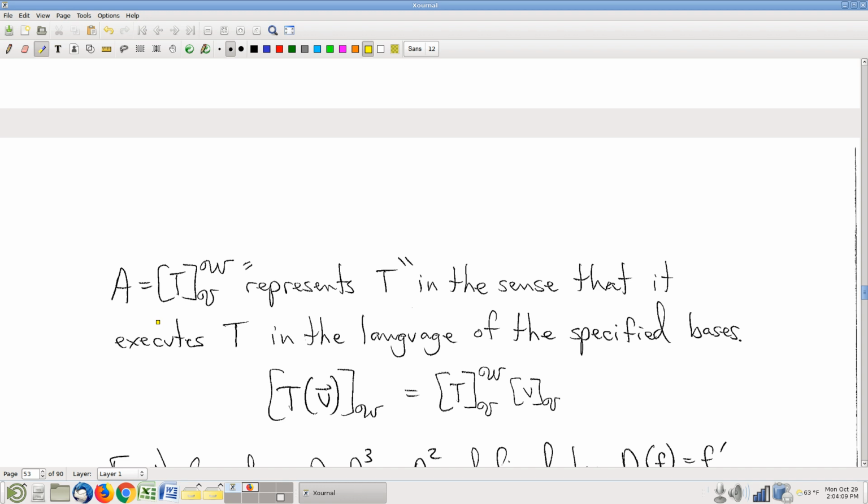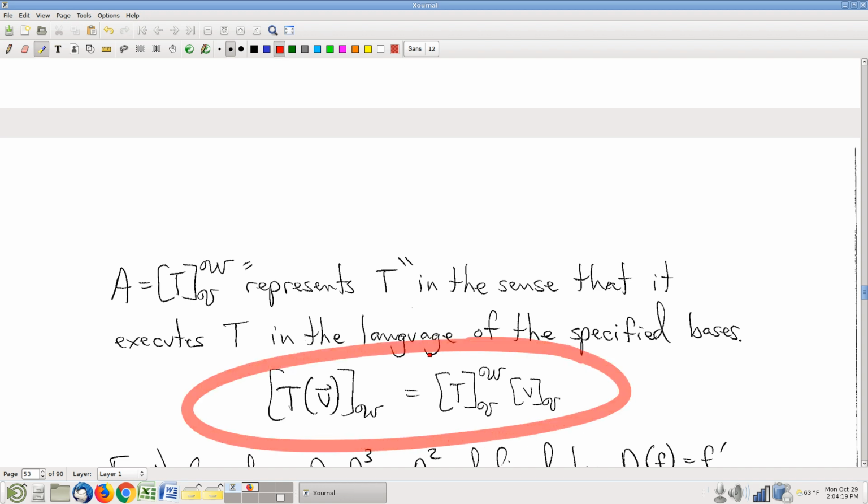Okay, now how do you sort of get something down on the page about that? Here's my first example along those lines. Here's a true fact about this matrix, and this is very intimidating to look at. I feel like the first time you see this equation, it's like, oh my gosh, look at all the subscripts and superscripts and curly letters, and it's easy to get lost in what's going on here. So I want to take a minute and walk through what this is saying, which is ultimately not very much. Okay, so here we go.